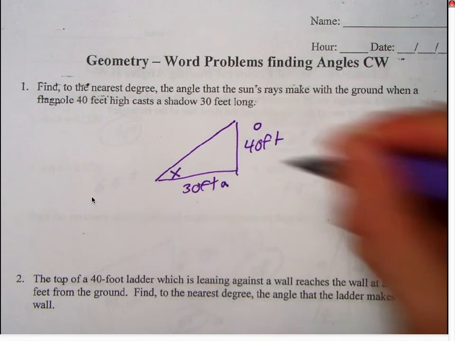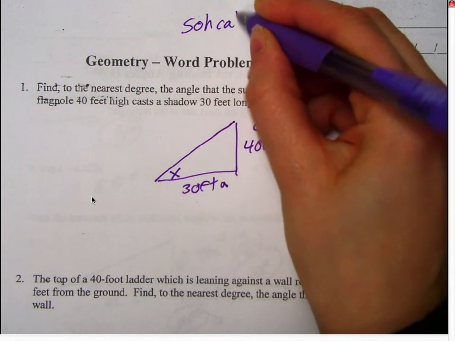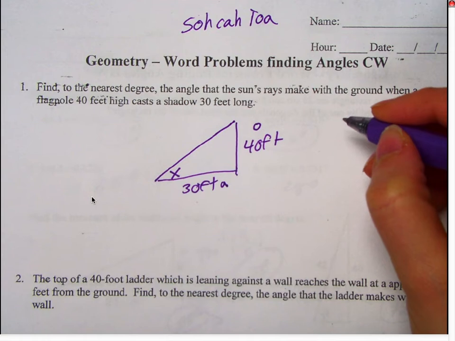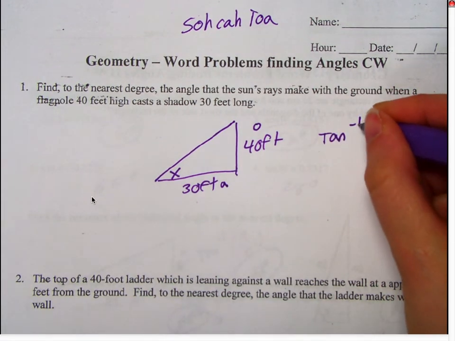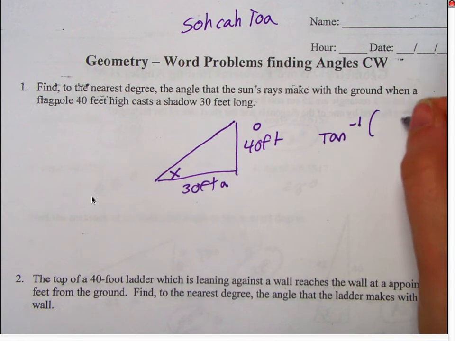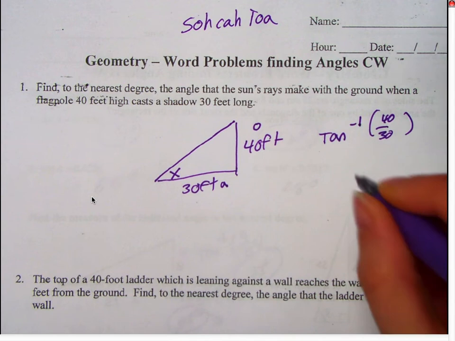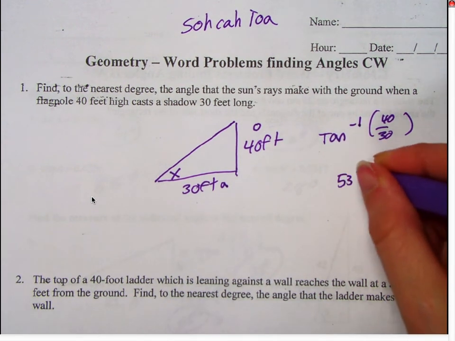This is your adjacent, so looking at SOHCAHTOA, we're going to use tan. Inverse tan, opposite over adjacent, and then we just stick that in our calculator, and we're going to round to the nearest degree. So we're going to get 53 degrees.